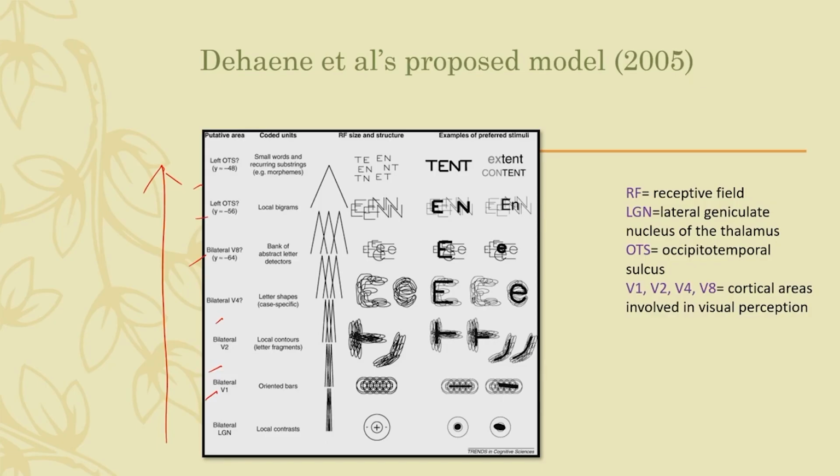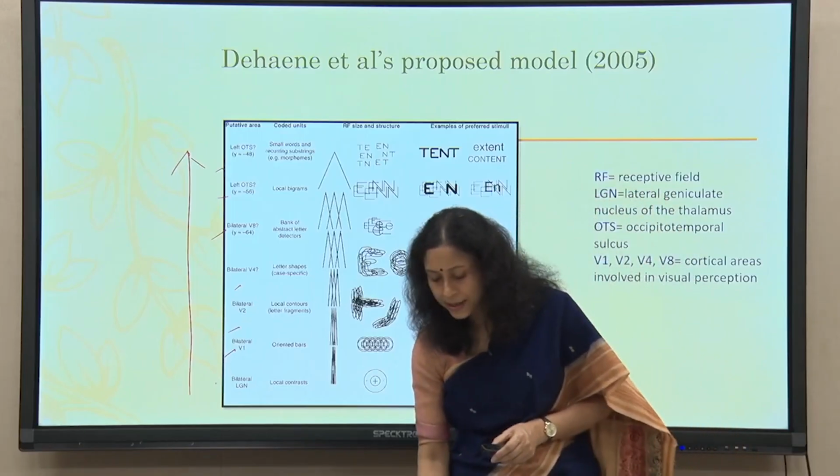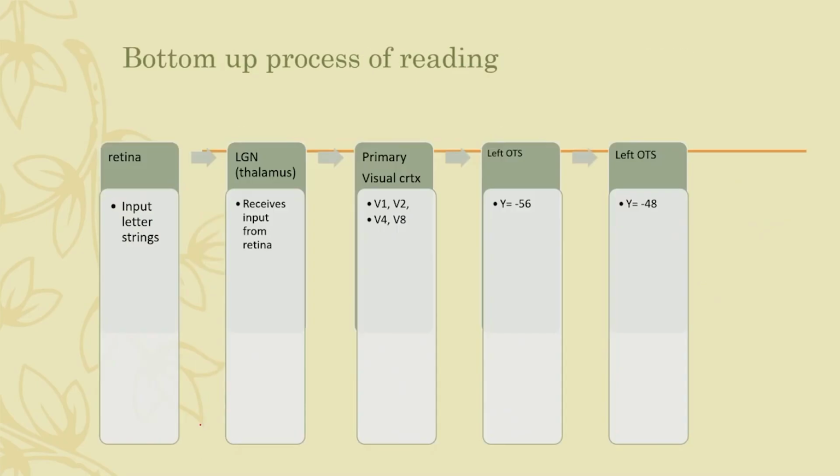So, this is the pathway through which reading happens, and at every level a different process takes place, with different organization of various inputs and so on.